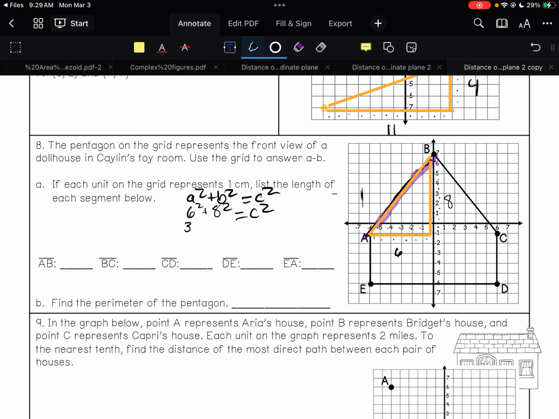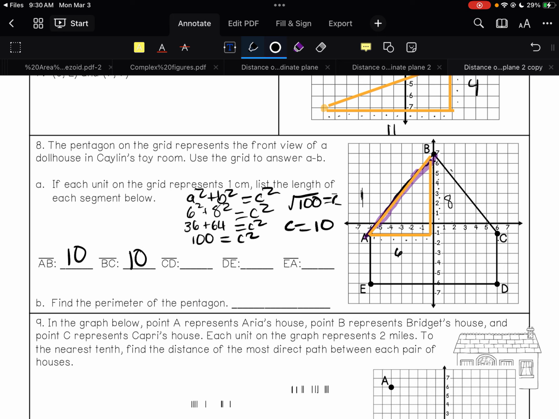I get 36 plus 64 equals C squared, or 100 equals C squared. Then if I do the square root of 100 equals C, C would then equal 10. So I know my length of AB is 10. That lets me know that the length of BC is also 10.